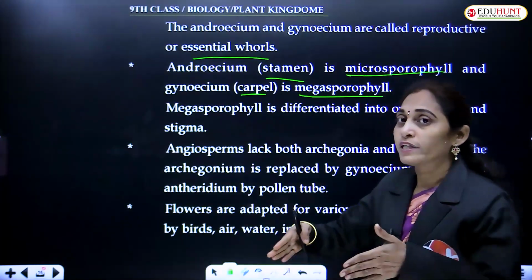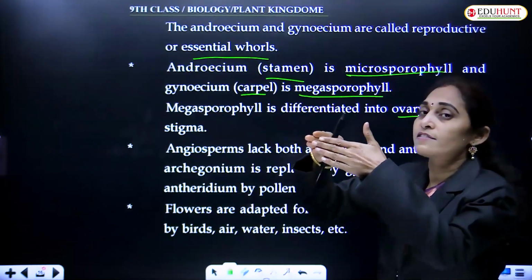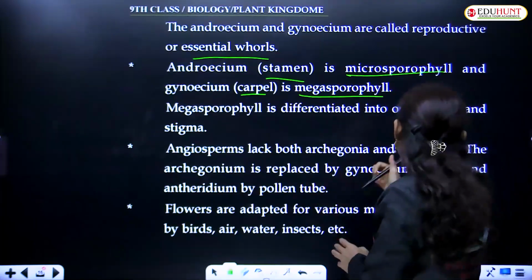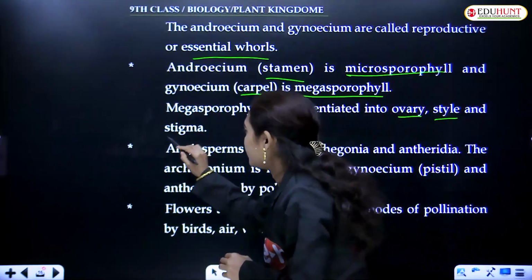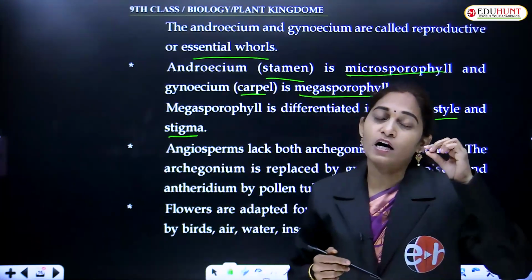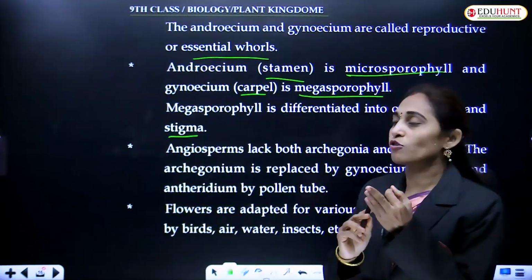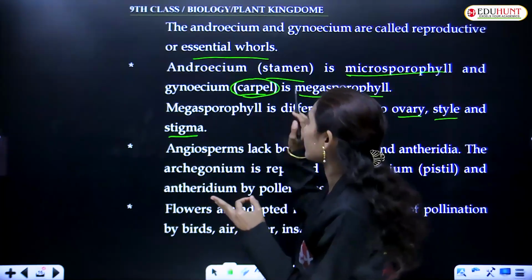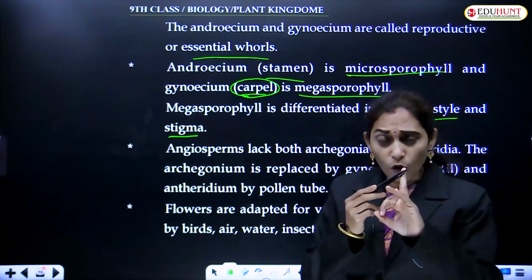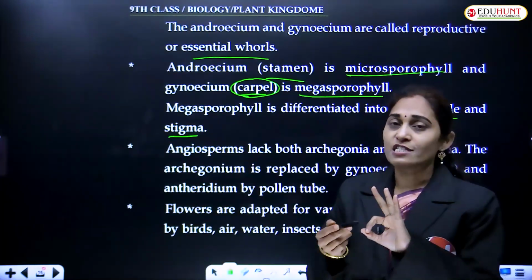From the ovary the style emerges as a slender stalk, and it terminates into a tip called the stigma. So the gynoecium, or carpel, has 3 parts: ovary, style, stigma.